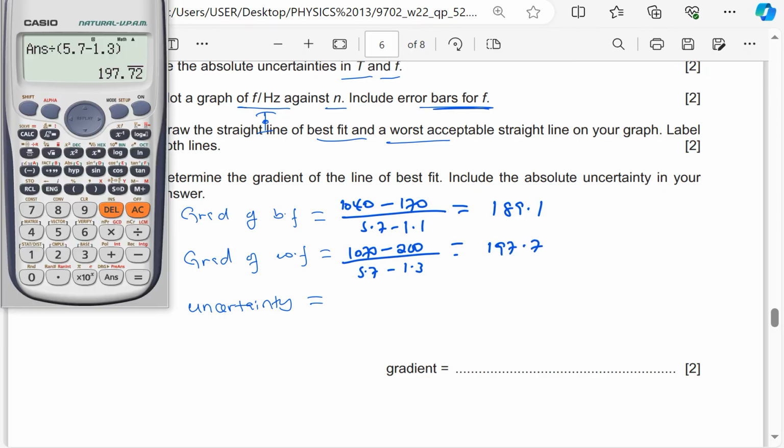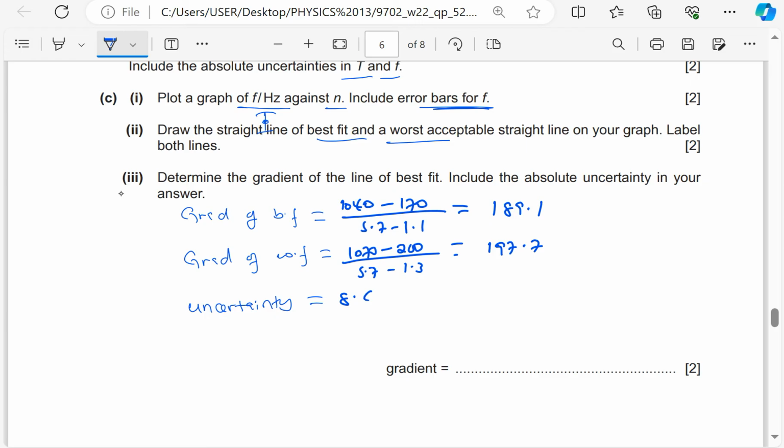Then the uncertainty is going to be 197.7. Let me check it again. 1070 minus 200 divided by 5.7 minus 1.3. It's 197.7 minus 189.1. So this is 8.6, approximately.